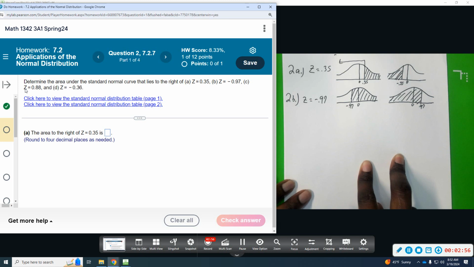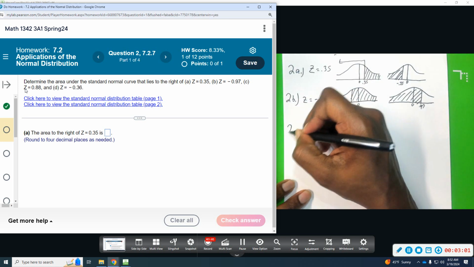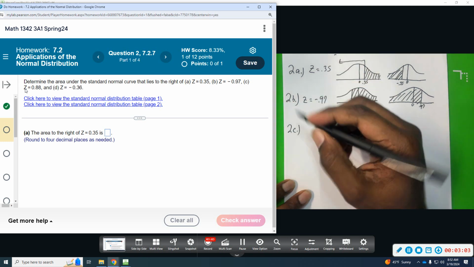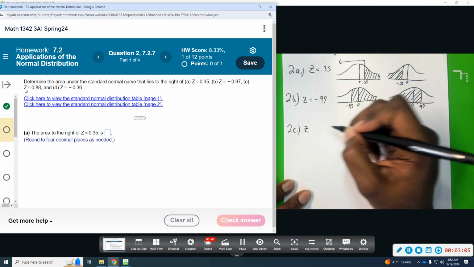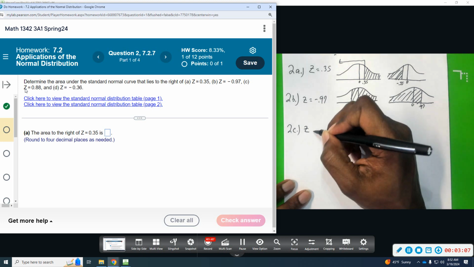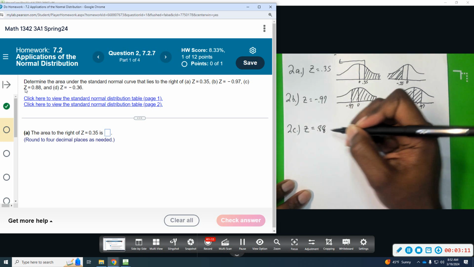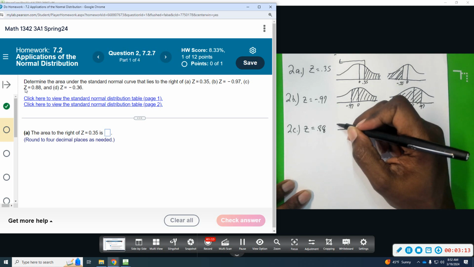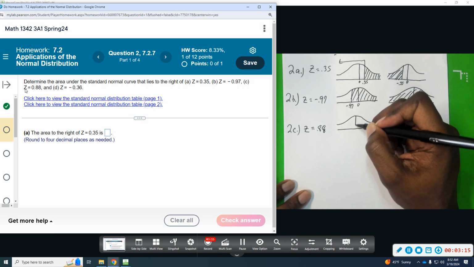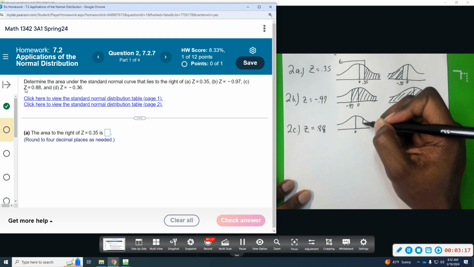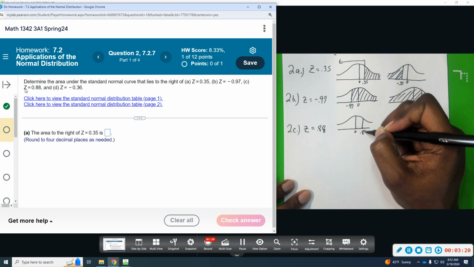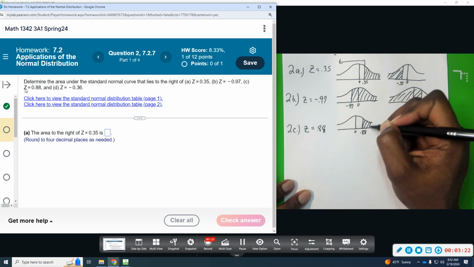Our next one, part C. The z value given is 0.88. Again, we're looking for the area to the right. 0 in the middle, 0.88 is going to be on the right side, and I'm looking for this area.